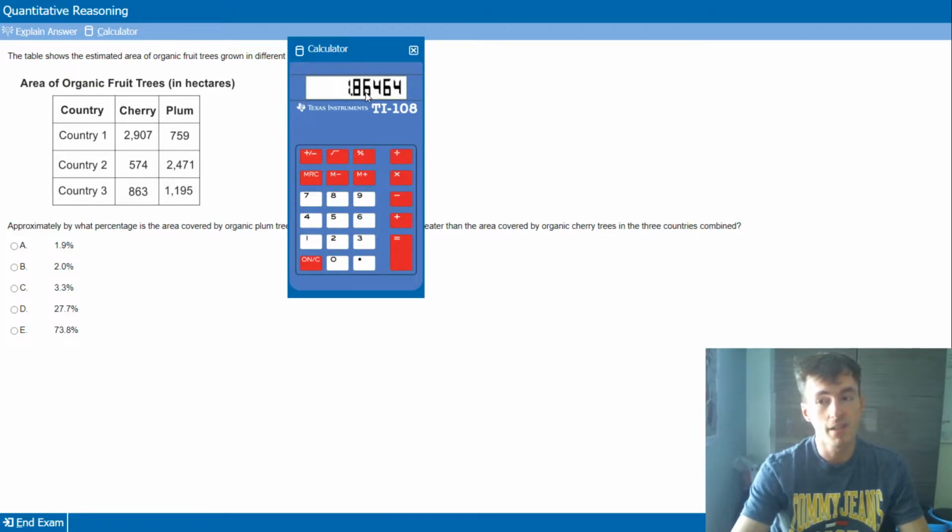If it's 5, 6, 7, 8 or 9, you must round up. So if this number here is 5 or above, then this number here goes up by 1, basically. So if this was a 4, 3, 2 or 1, the answer would be 1.8%. Since it's 6, we must round this up to 9 instead of an 8, so it would be 1.9%.